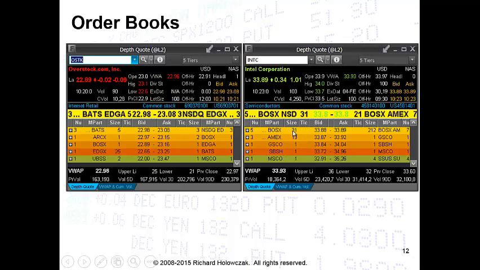There's 3,100 shares that people are willing to buy. And look here, there's 212 lots of shares where people are willing to sell. Okay, so that's 21,200 shares. So that's quite a bit of liquidity that's going on there. A lot of folks willing to buy, a lot of folks willing to sell.